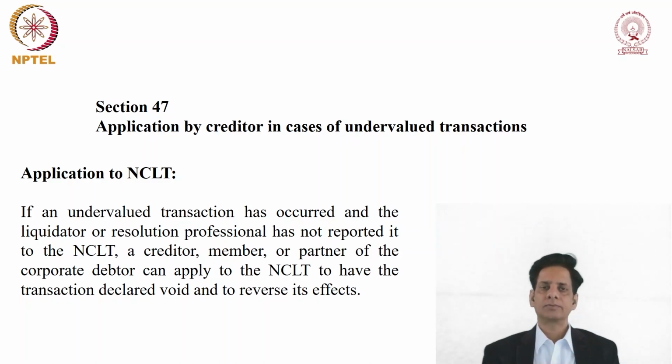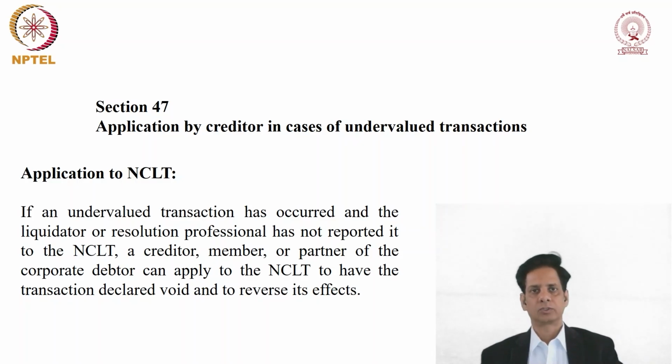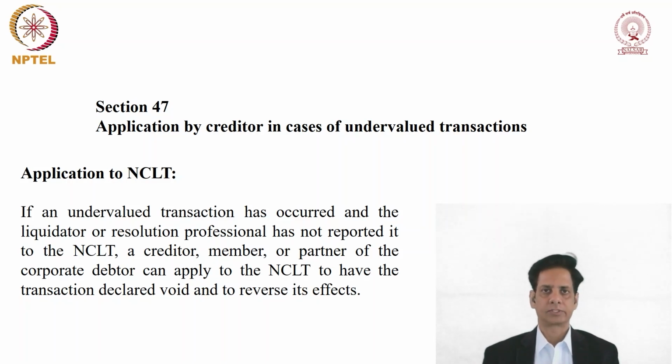In the first circumstance, where the liquidator or RP has already seen that it is an undervalued transaction, he will make an application to NCLT. We know that, and NCLT will decide it as an avoidable transaction. But if it skips the attention of a liquidator or a resolution professional, then maybe a creditor will himself realize that there is an undervalued transaction. Can he make an application to NCLT? Absolutely yes.